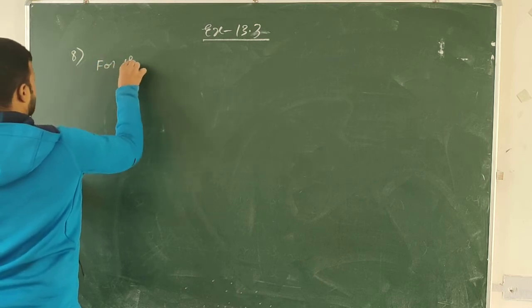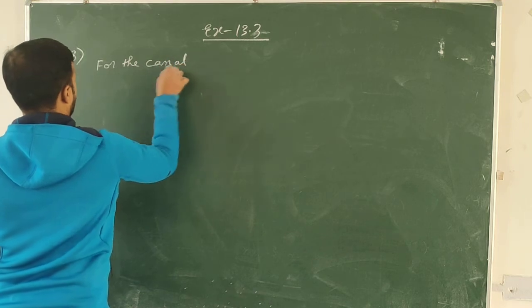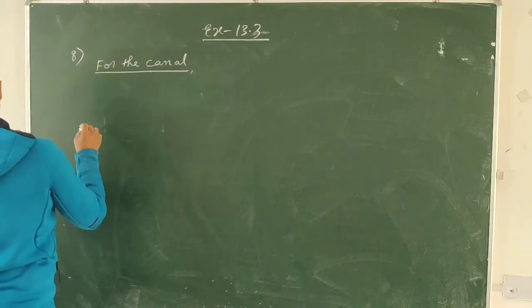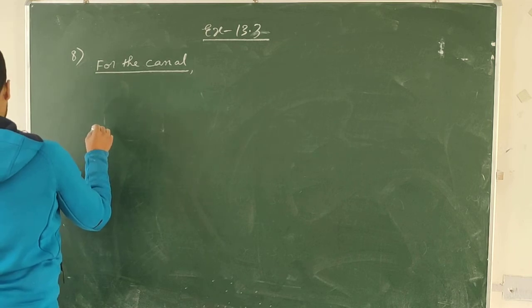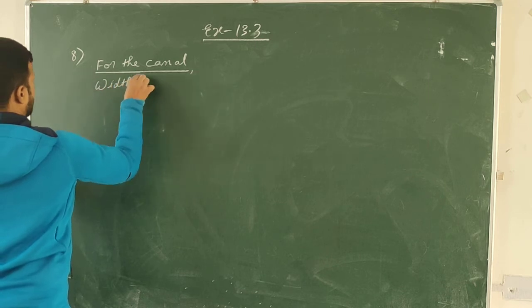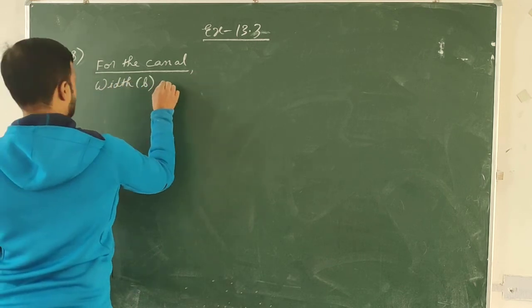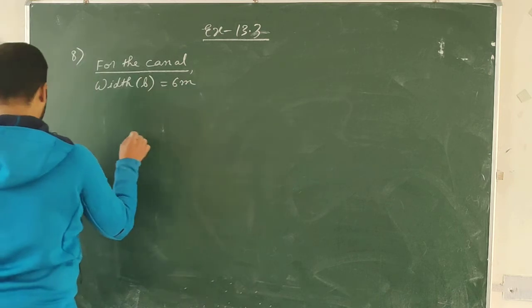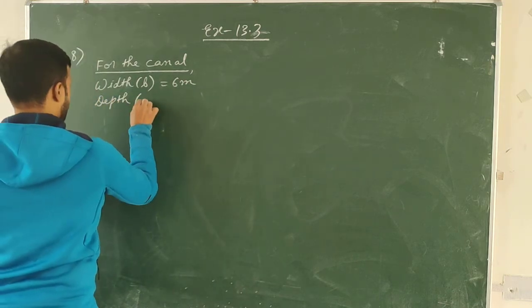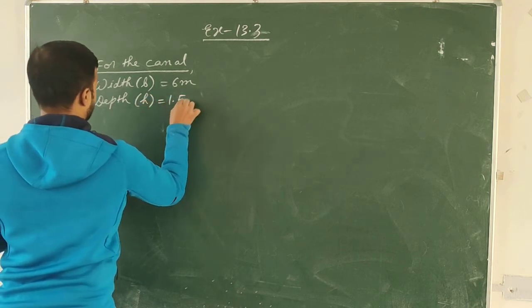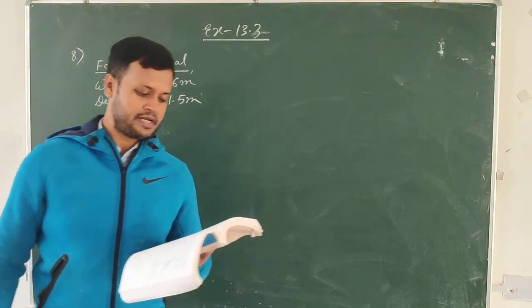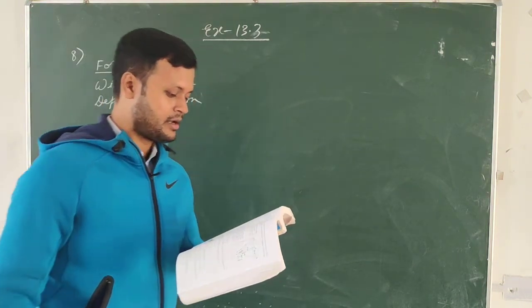For the canal with width D is equal to 6 meter, depth H is equal to 1.5 meter, and the water is flowing at the speed of 10 km per hour.